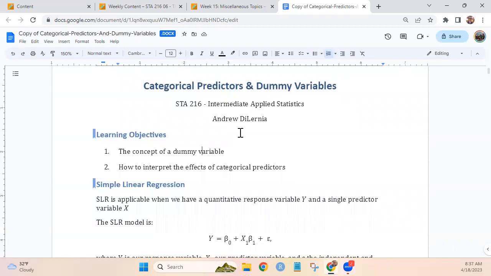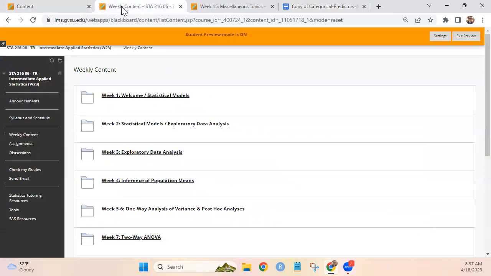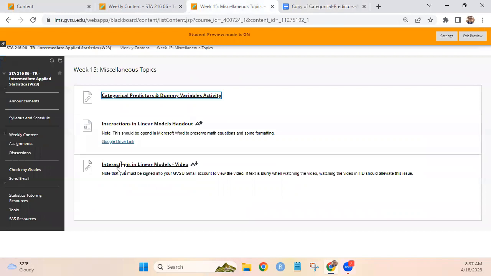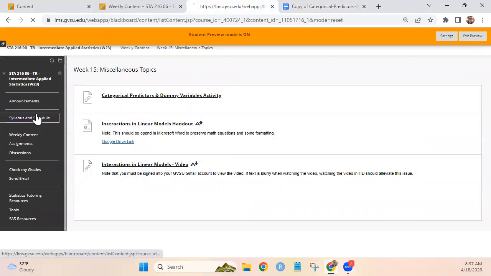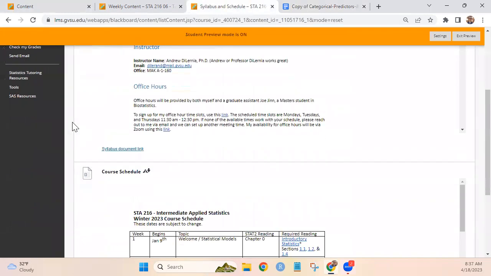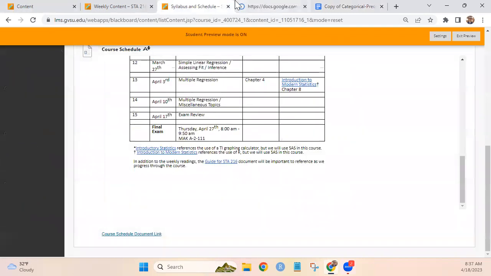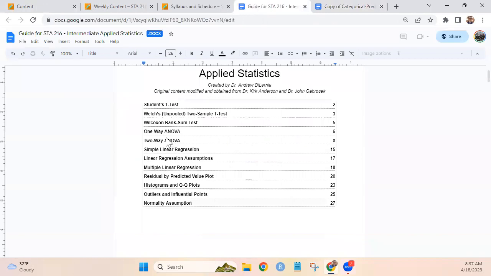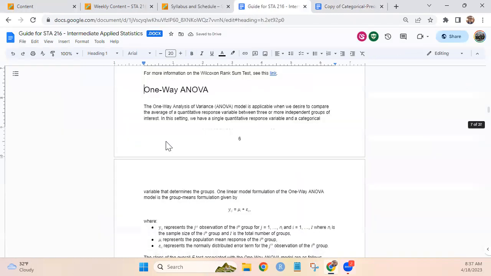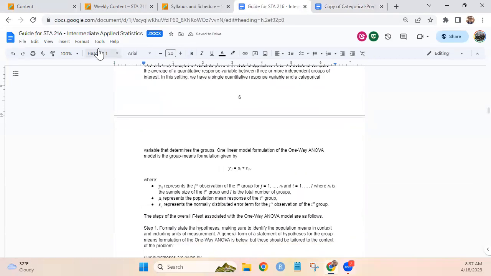So actually ANOVA, let's see if I gave the linear model formulation of the ANOVA model. I did, okay.